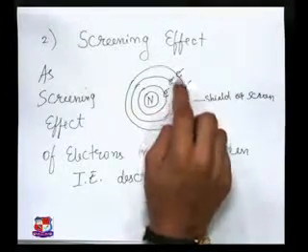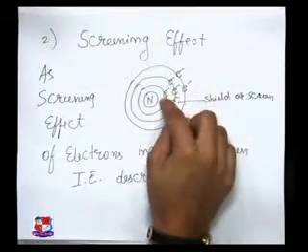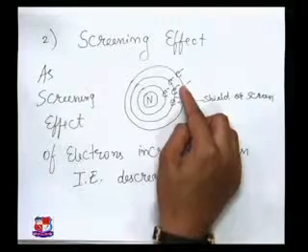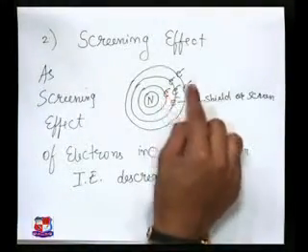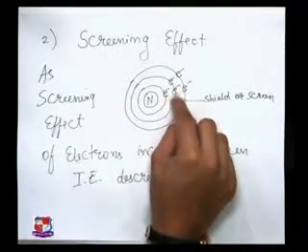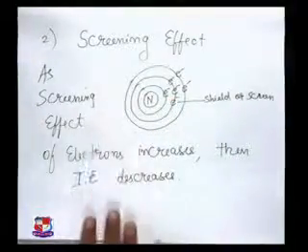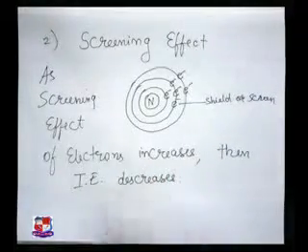It will not allow this electron to get close to the nucleus, because when this electron tries to get near the nucleus, it immediately feels the repulsion due to the electrons present in the intermediate shells. Due to this reason, when the screening effect of the electrons increases, your ionization energy decreases.